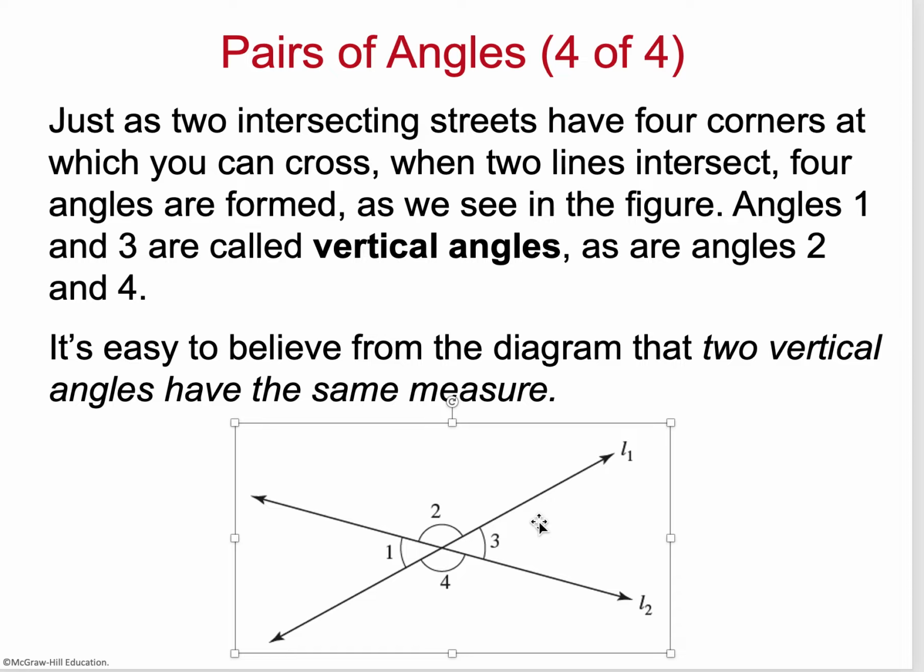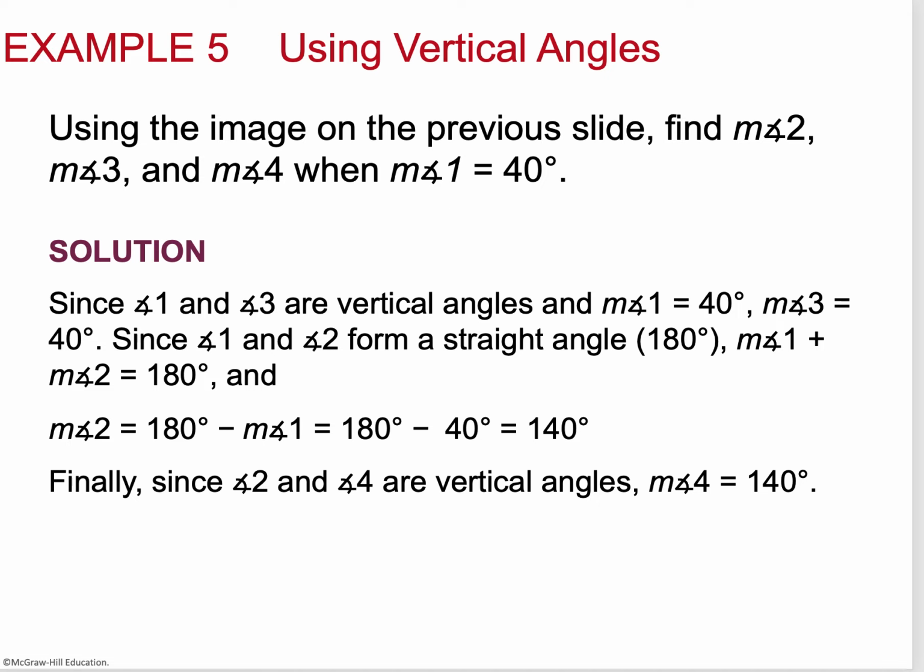Well, angle 3 and 2 are going to be supplementary because they're going to form a straight line if I add them together. So if angle 3 is 40 degrees and I want to find the measure of angle 2, I'm going to do 180 minus 40 is 140 degrees. So that tells me that angle 2 is 140 degrees, and because angle 2 and 4 have the same measure, angle 4 is 140 degrees.